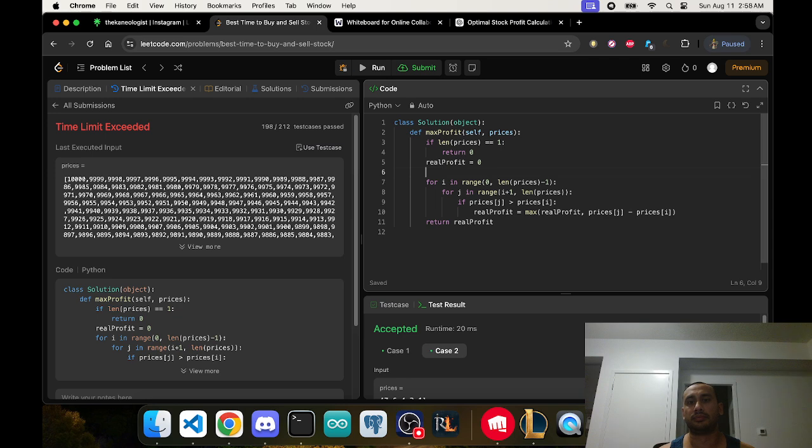So min price equals prices 0. This is the placeholder, so basically I get rid of this base case here because it starts at 0 and my min price is based off that.